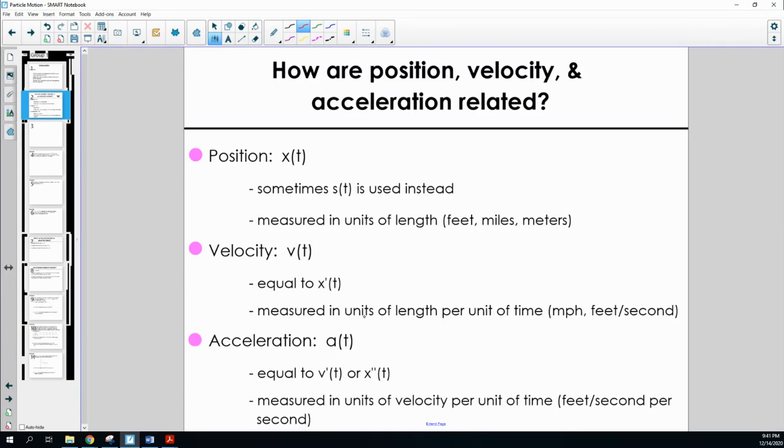It's measured in units of length per unit of time, so miles per hour, feet per second, things like that. And then the acceleration, which is a of t, is the derivative of the velocity, or the second derivative of the position. And that's measured in units of velocity per unit of time, so feet per second per second, or we could call that feet per second squared.